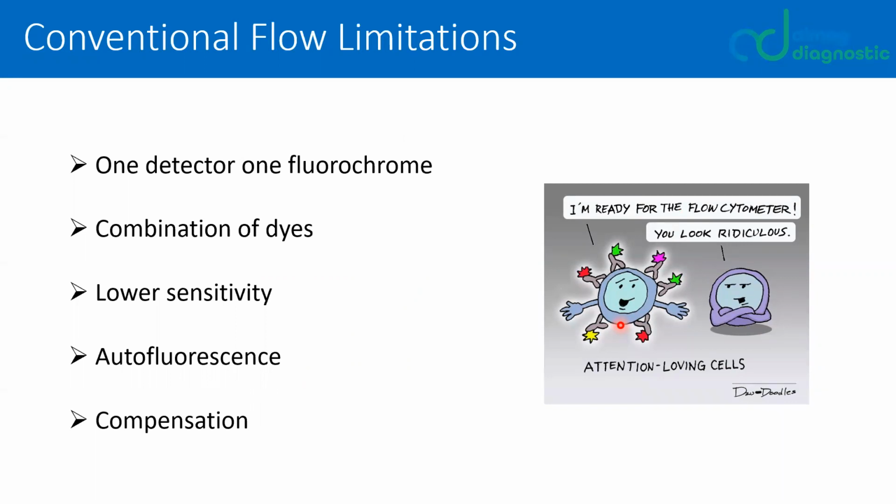Highly overlapping dyes cannot be run together in the same tube. We have a lower sensitivity since fewer photons are collected for each dye. High autofluorescence interferes, especially with dim signals. And of course, there is the complexity of compensation of large panels, spreading and artifacts.